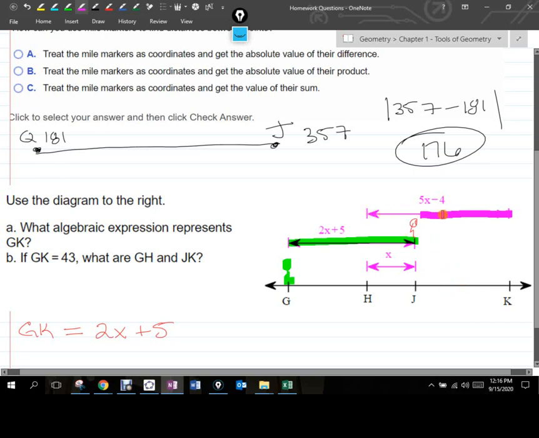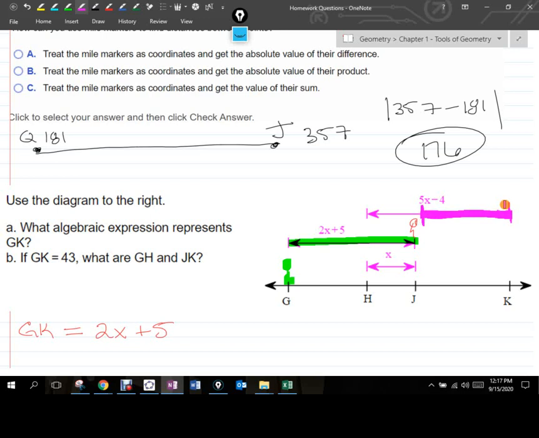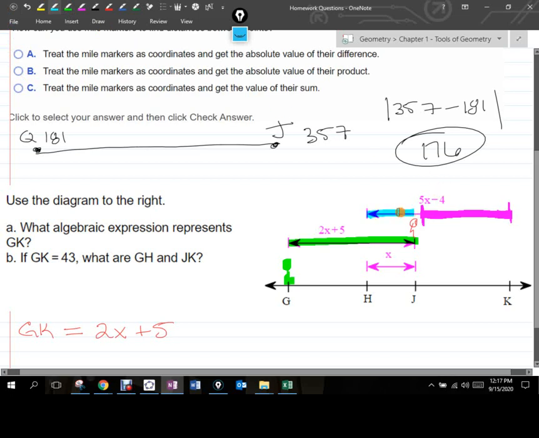That whole top segment is represented as 5x minus 4. If I walk that whole thing, it'd be 5x minus 4. But if I walk part of it, isn't that part going to be less than 5x minus 4? Do we know how much less? It's going to be x less. So this x right here, that distance right there, we can see being that distance, right?